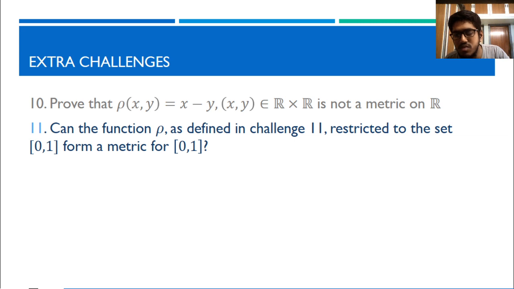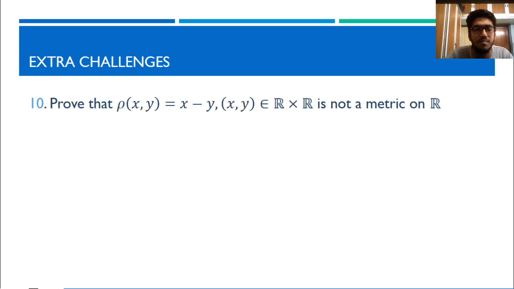Which one, Bijal? Which one do you want me to repeat? The idea of R cross R, is it? Pranidhi, can you clarify your doubt? And Bijal, what part are you asking about? The R cross R part, is it?